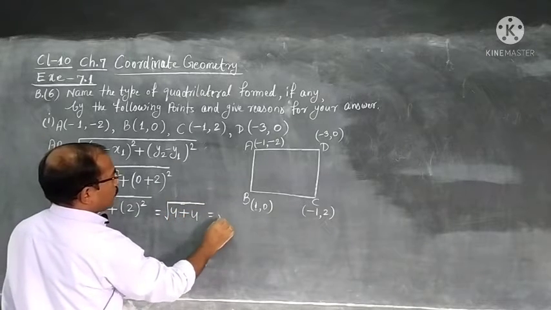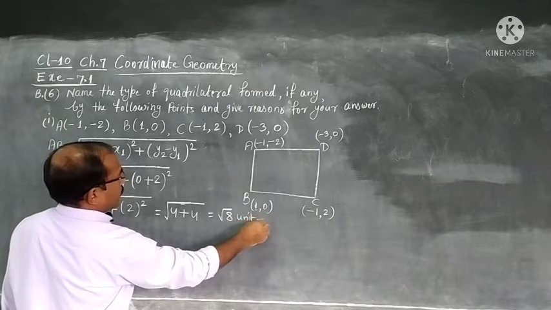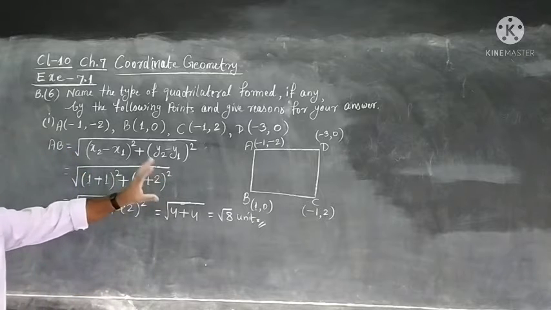So 4 plus 4 we get root 8. We write root 8 units. This is the first side AB.